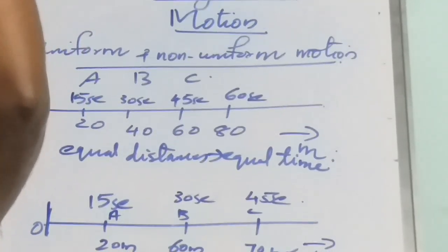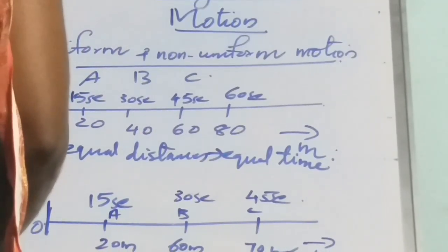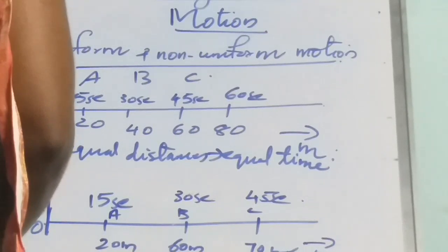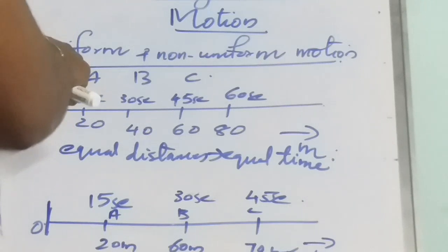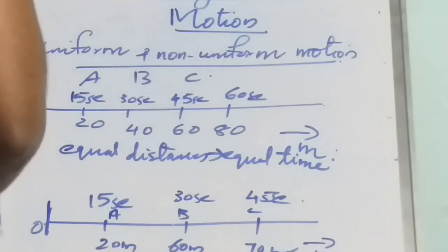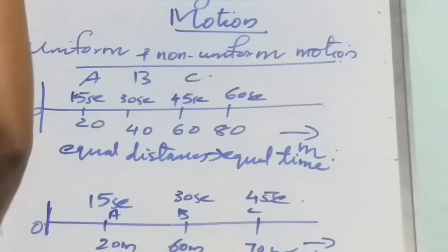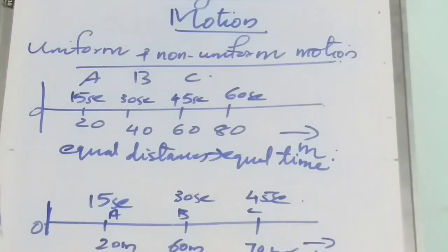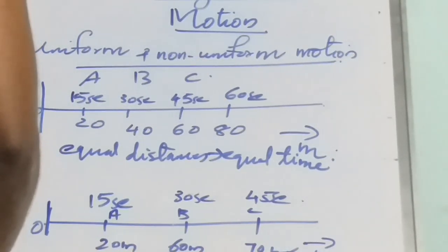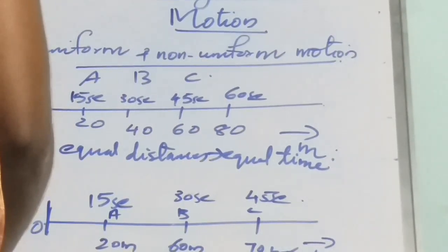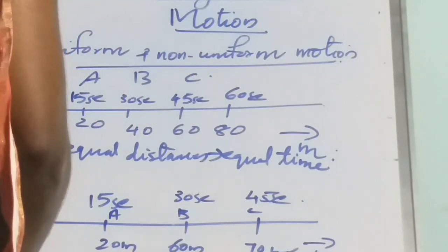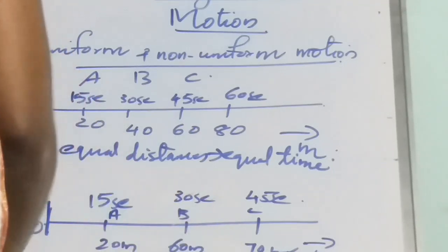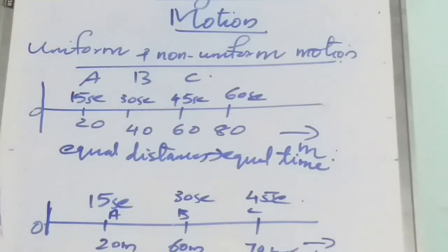So, an object is said to be in uniform motion if it covers equal distances in equal intervals of time, and in non-uniform motion if it covers unequal distances in equal intervals of time.